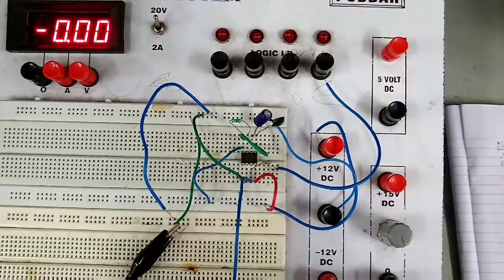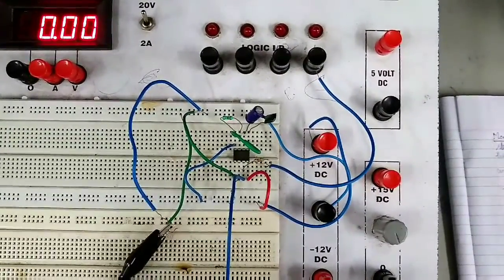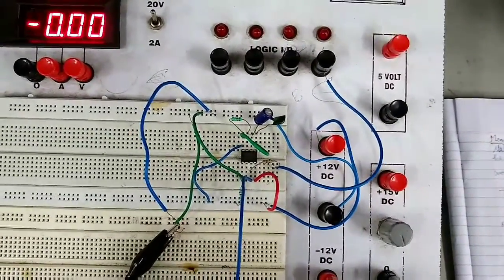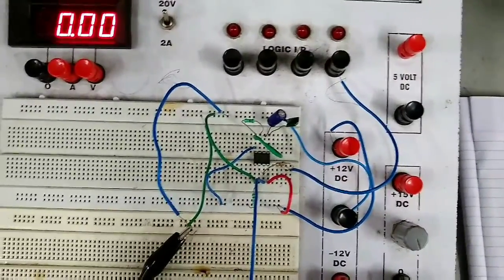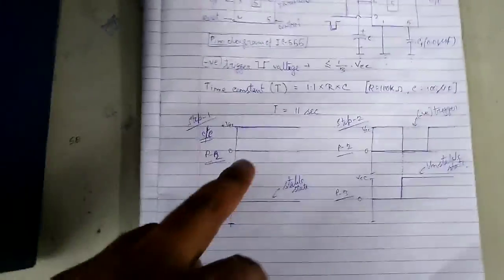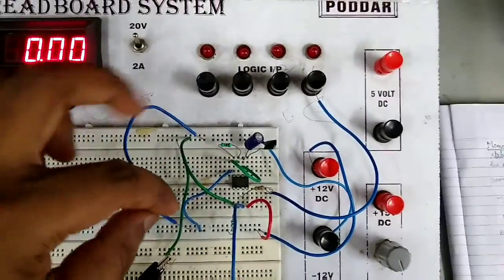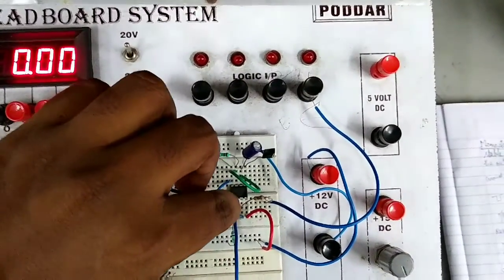So you can check using your stopwatch how long the LED is on. You can check seeing the video how long the LED is on. I am saying it is 11 seconds. You can check whether it is actually 11 seconds or not. I'm showing you again.